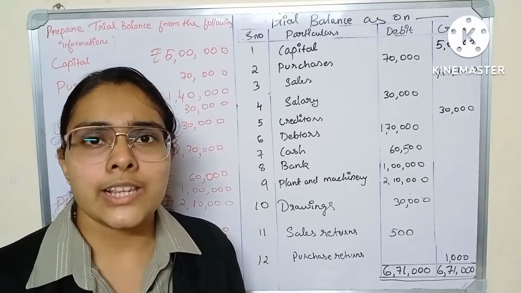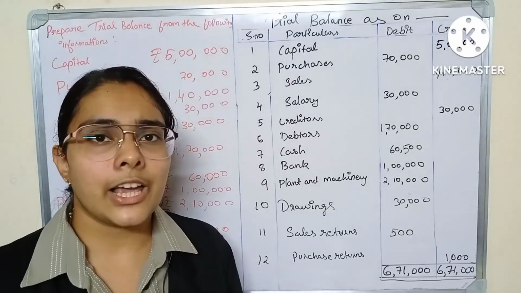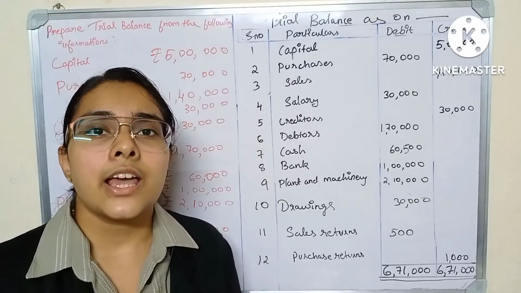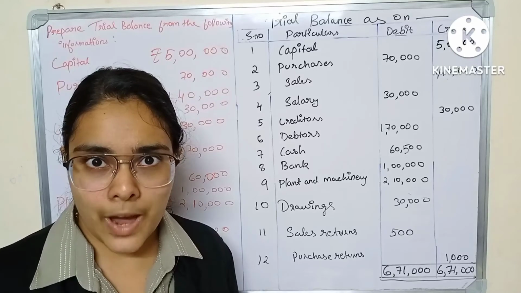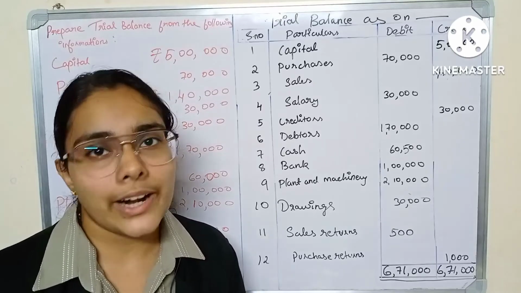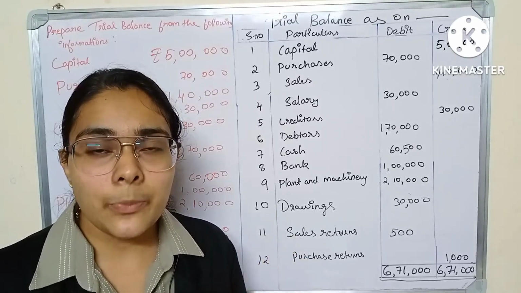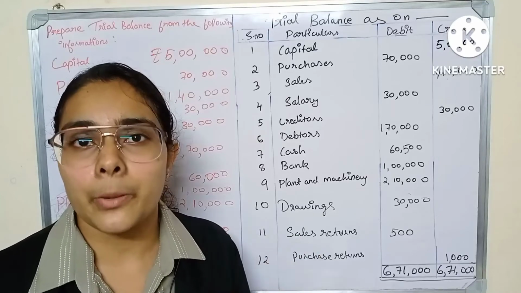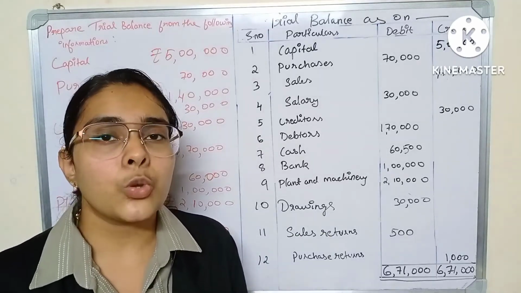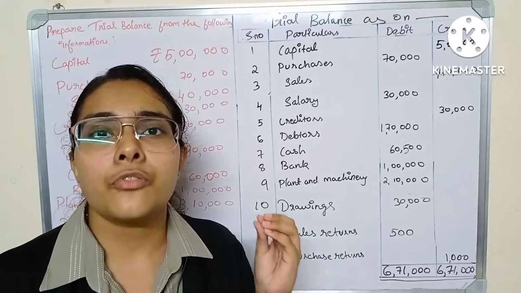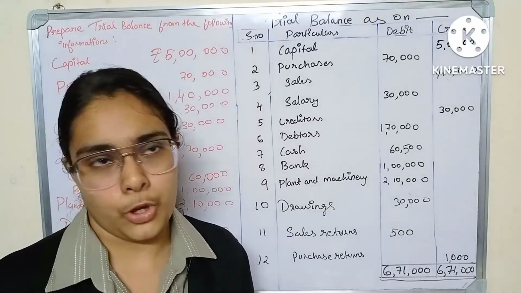You know that all assets have debit balance, liabilities have credit balance, expenses have a debit balance, and incomes have credit balance. So you must keep that rule in your mind while preparing trial balance. If you know that thoroughly, preparation of trial balance will be a piece of cake for you.